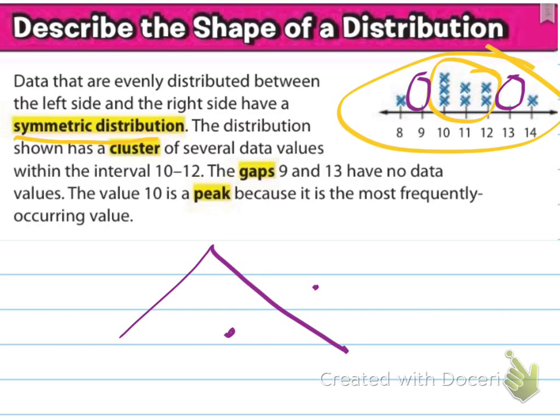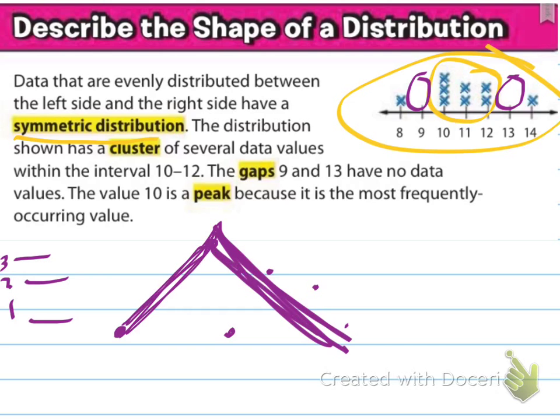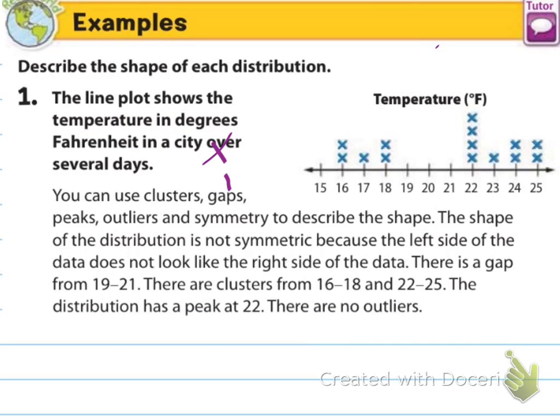So think of it as if we were putting dots. This is our 8, just has one. This is one value. This is 2. This is 3. Over here, 10 would have 3, and then 11 would have 2, and 12 would have 2, and then 14 would have 1. But what you see is that that's the peak. That's going to be the highest point on our graph because they have the most occurrences.